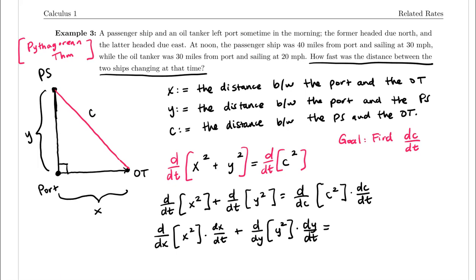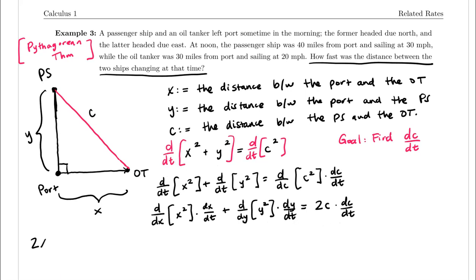And I can take the derivative of c squared, which would be 2c. All right, so let's start taking the derivative on the left-hand side of our equation. So I'm going to get 2x times dx/dt plus 2y times dy/dt is equal to 2c times dc/dt.